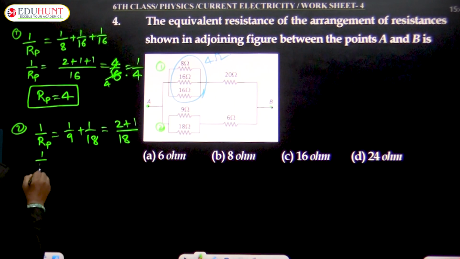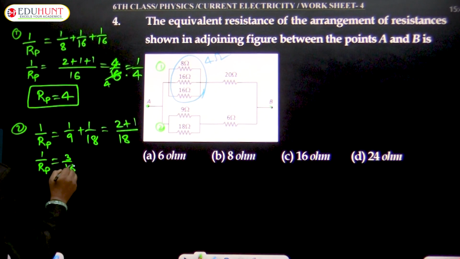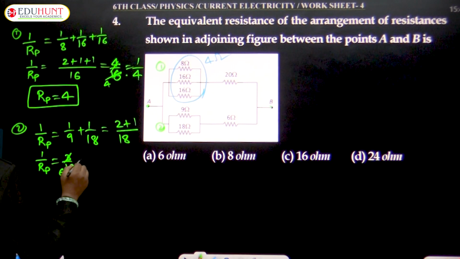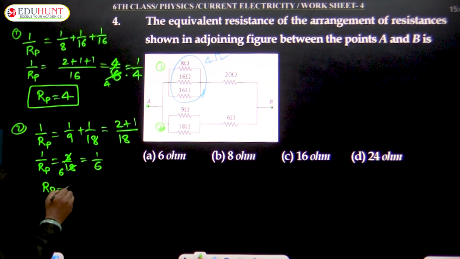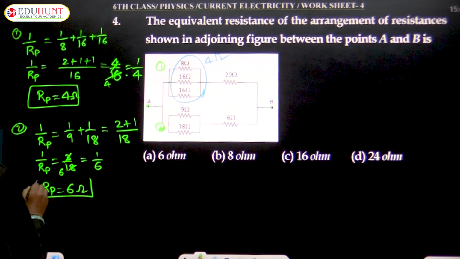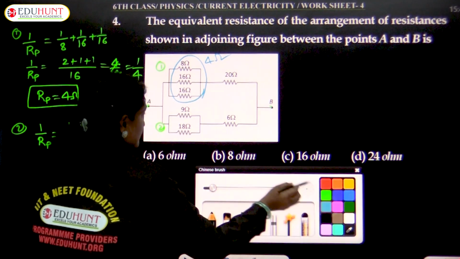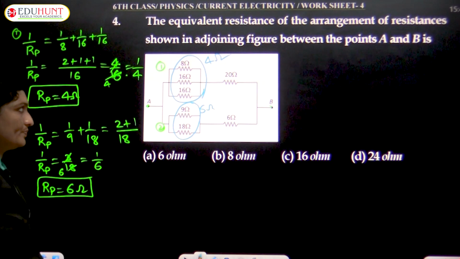Therefore, the value of 1 by Rp is found to be 3 by 18, and this 3 goes 6 times. So this is equal to 1 by 6, or Rp is found to be 6 ohms. So the equivalent resistance for the bottom part is found to be 6 ohms.